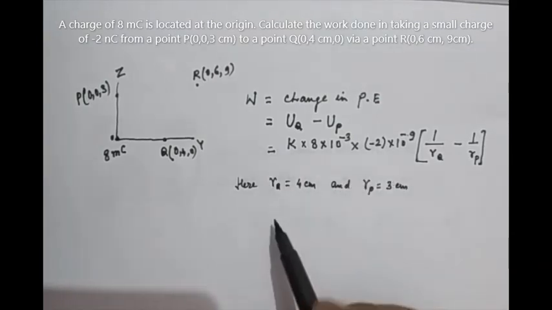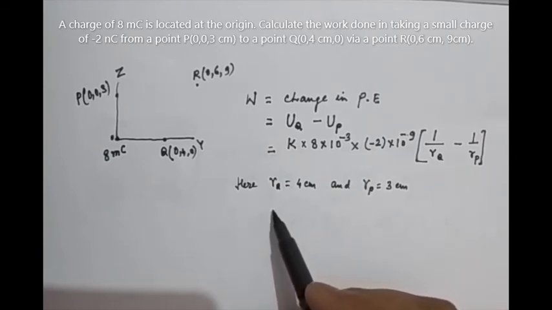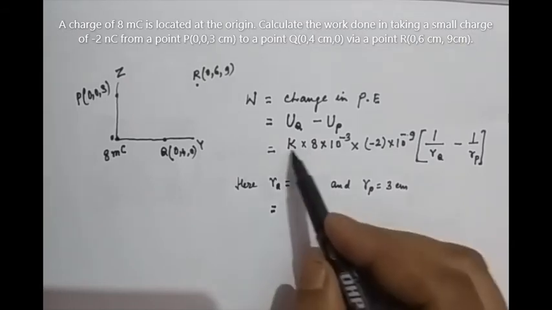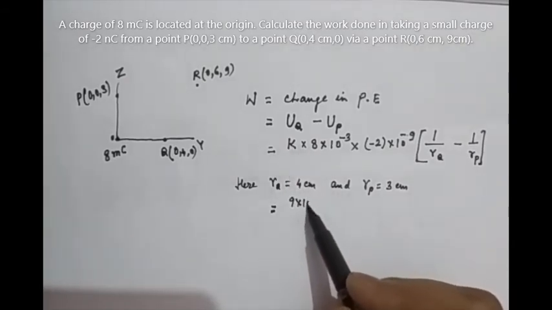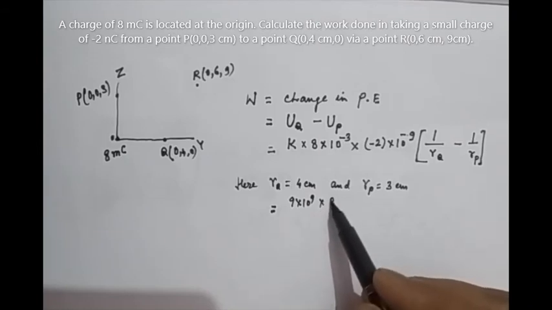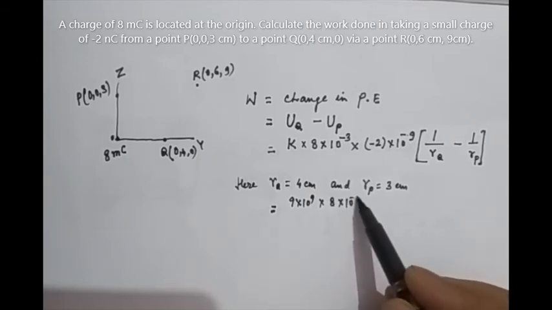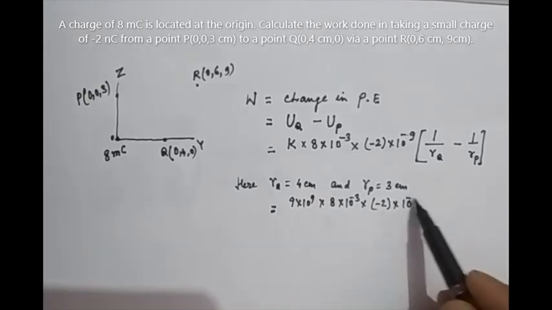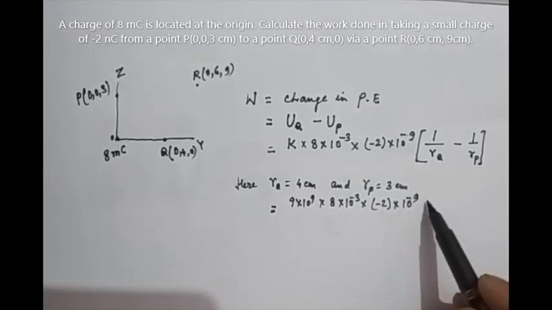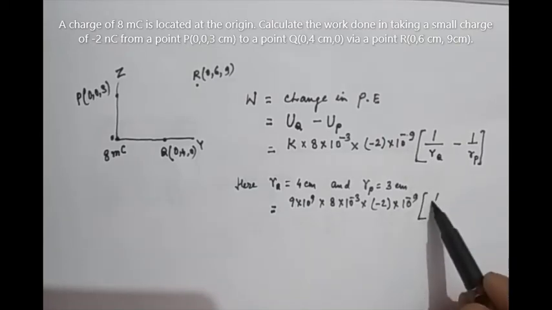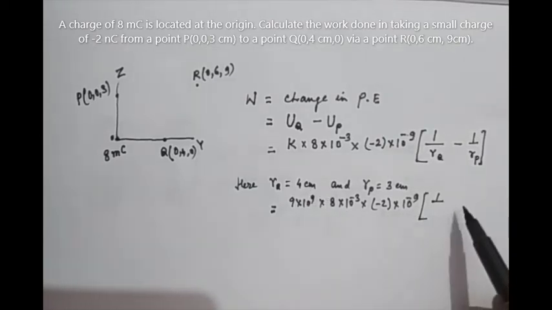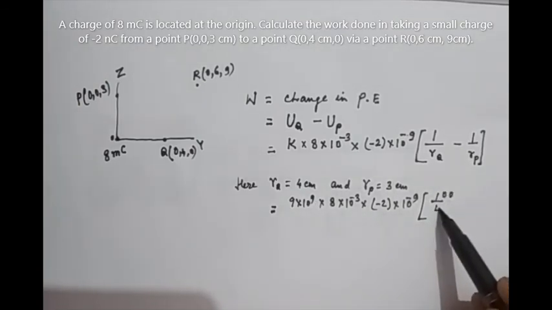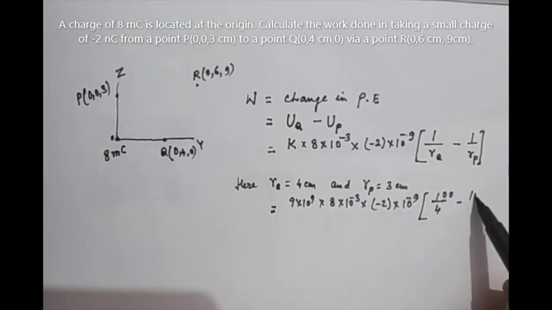Putting all these values and calculating, we get the value of K is 9 into 10 to the power 9 into 8 into 10 to the power minus 3 into minus 2 into 10 to the power minus 9, and 1 by 4 centimeter. Convert it into meter. It is equal to 100 by 4 minus 100 by 3.